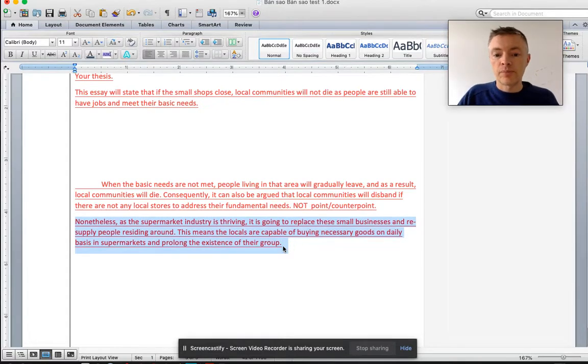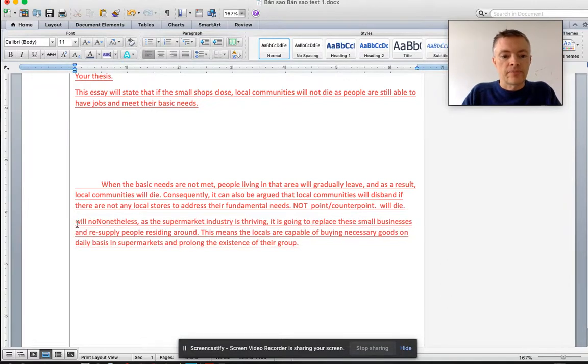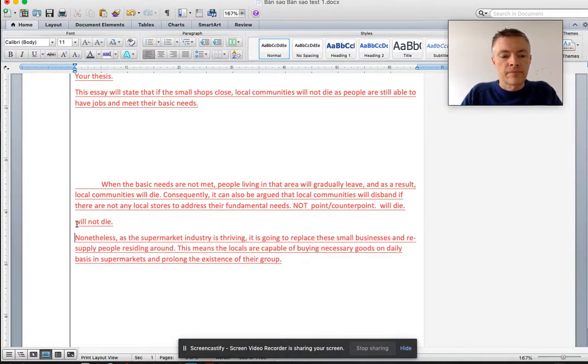And this opposite he's showing is showing this point that local communities will not die. So you notice this says will die, and you notice this says will not die. Okay, you can put that up there. This is called point counterpoint.